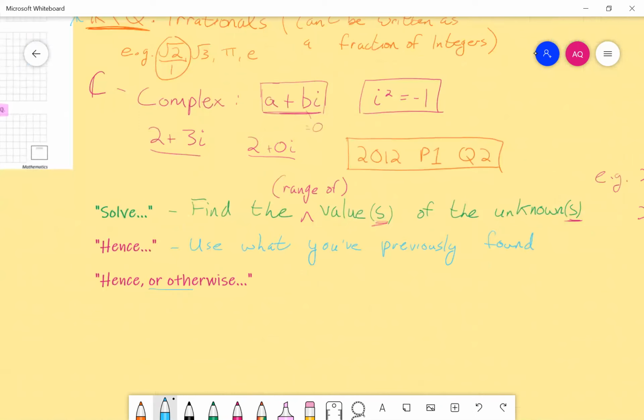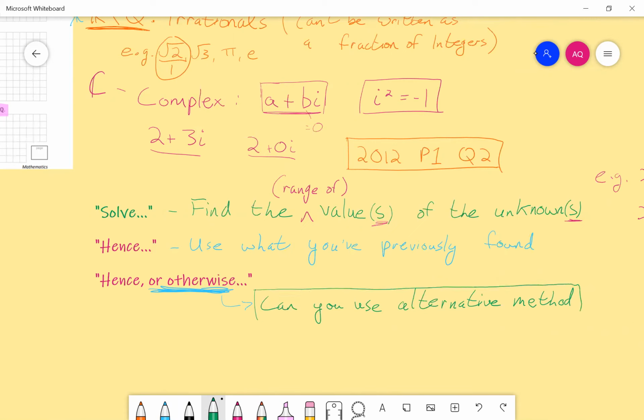Then what's the difference between hence and hence or otherwise? So the or otherwise means you can use a different method if you want. Okay, now that's important to note because generally the hence way, so following on from the previous part, will generally be the easiest way of doing it, but not always.